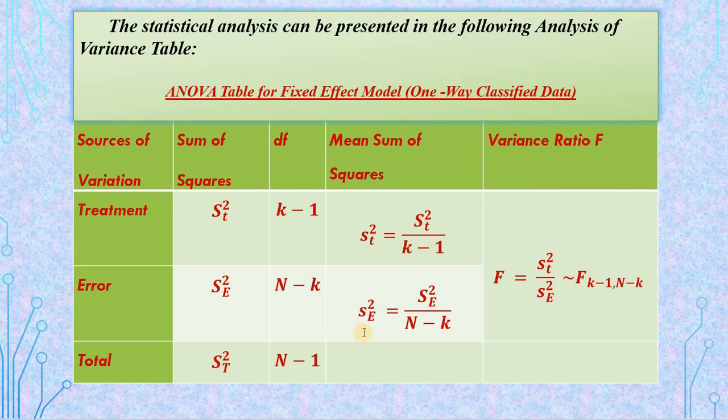Then mean sum of squares due to error is sum of squares due to error divided by n minus k, the degrees of freedom for error. Then the variance ratio F can be calculated as s_t square by s_e square, and this F follows F distribution with k minus 1 and n minus k degrees of freedom. So this is the analysis of variance table for one-way classified data for fixed effect model.